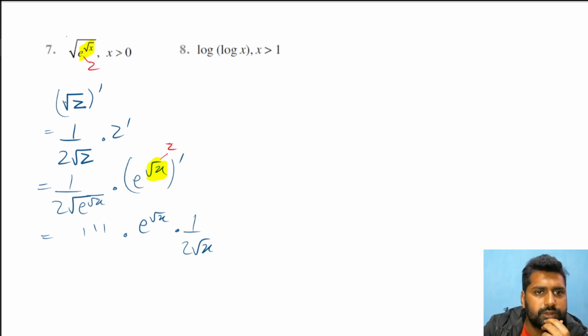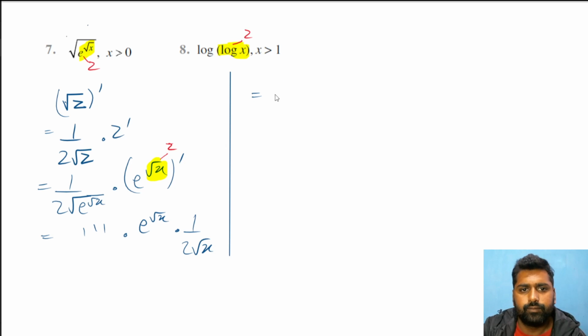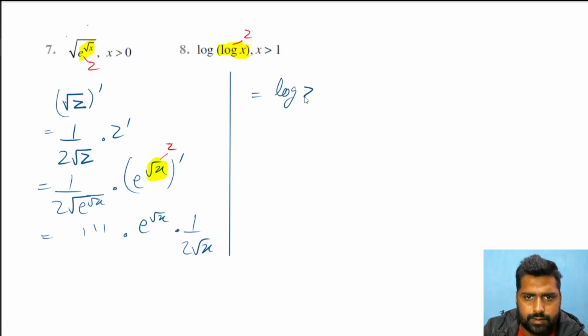Next comes this question, log bracket log x. So inside log another log is there. So leave the first log, take this log as your z. So your question will actually be log z dash.